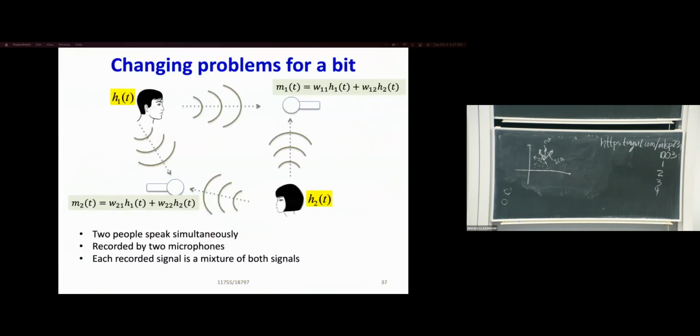Okay, so this is a problem called the cocktail party problem. I think even Google asked this when they asked non-coding questions. Basically, this is like a party, and two people are talking, right? This is one guy, H1^T, and that is the second person. You can picture microphones throughout the party.